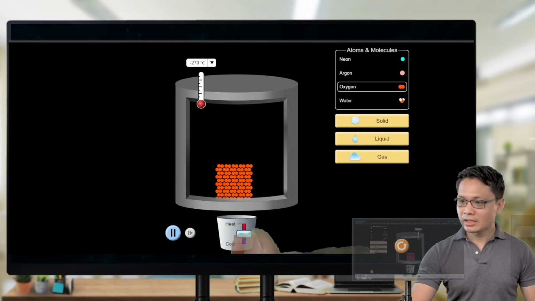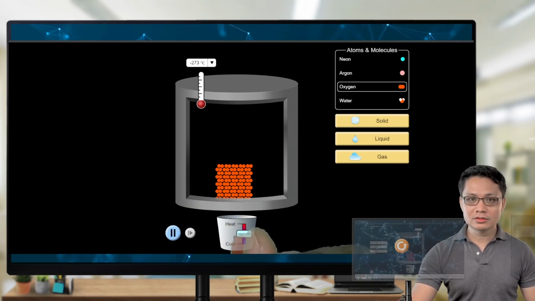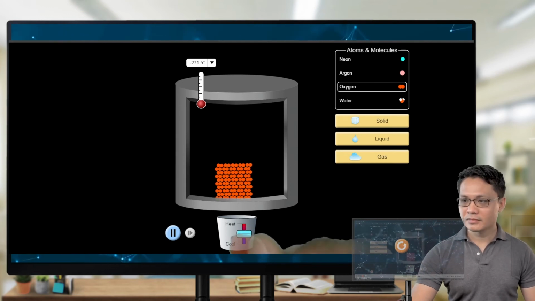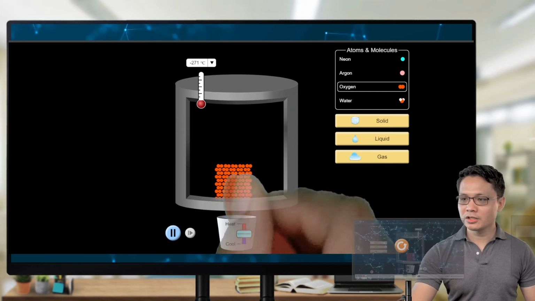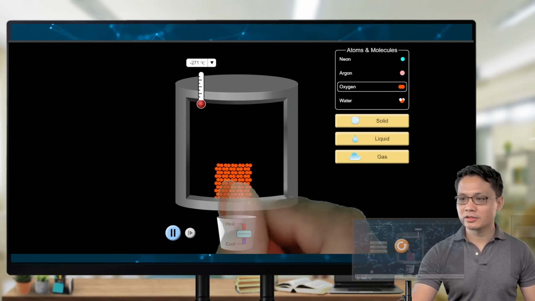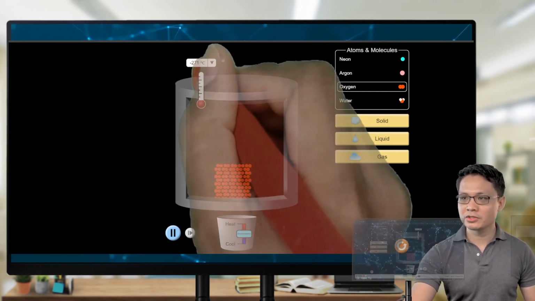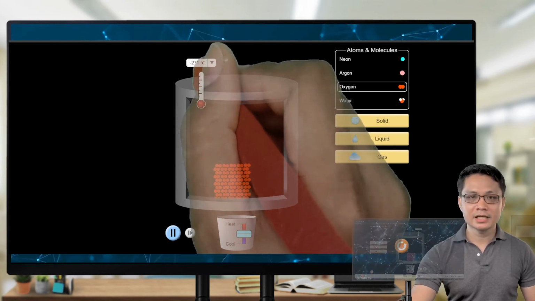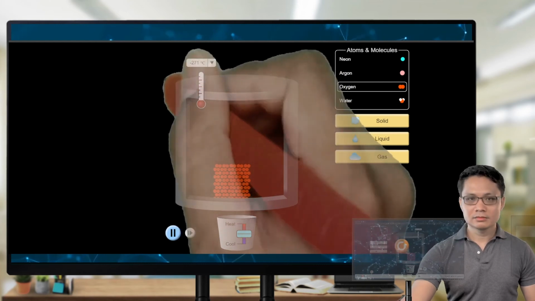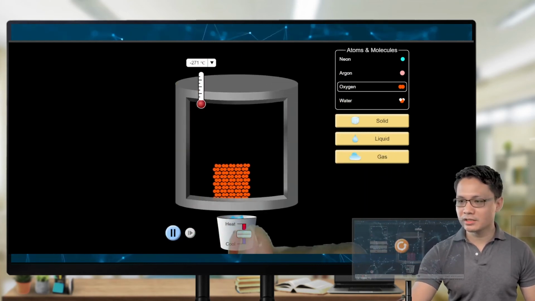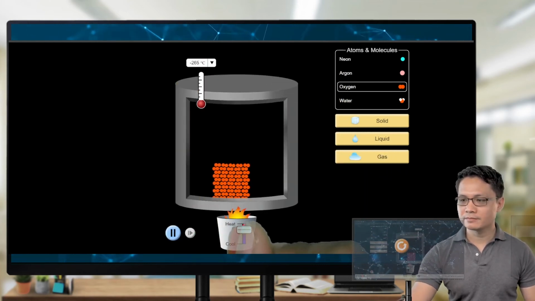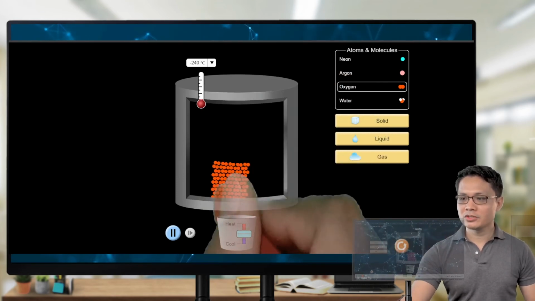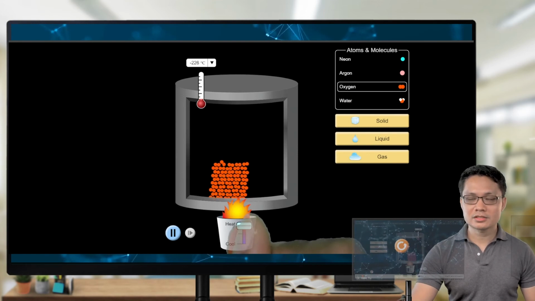However, if we try to introduce some heat into the system, our oxygen molecules will now start to move, and our temperature rises from negative 273 to negative 271. As we raise this higher, as we introduce more heat, you see the temperature will also change its value.